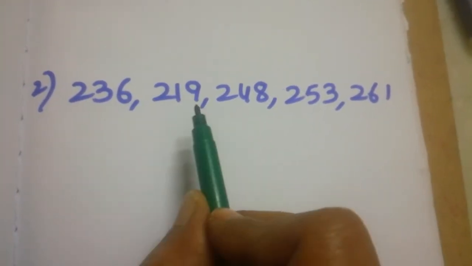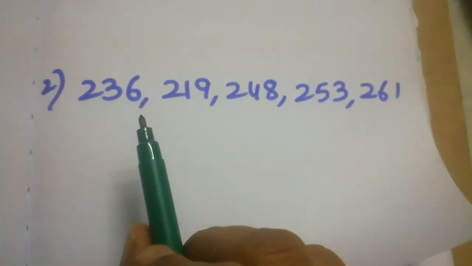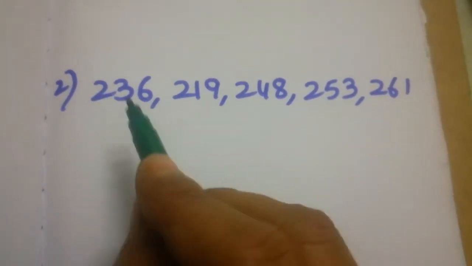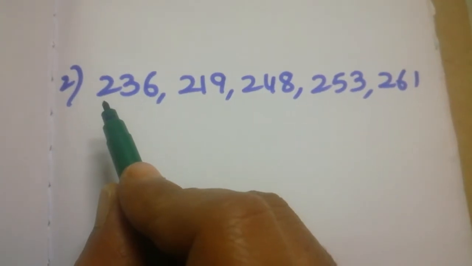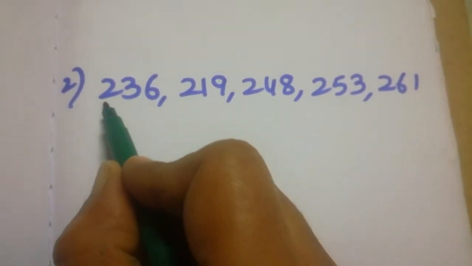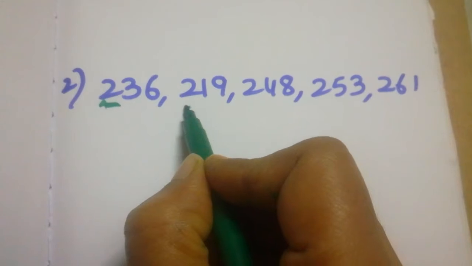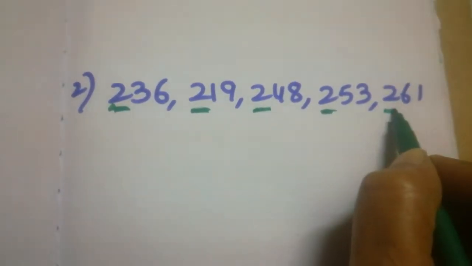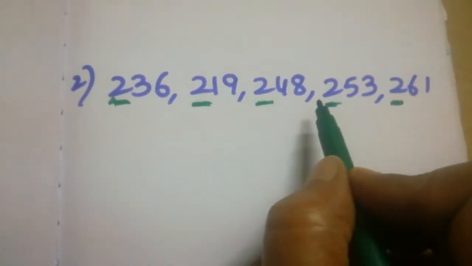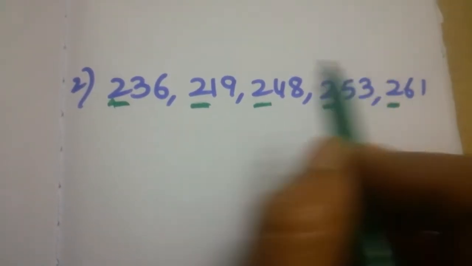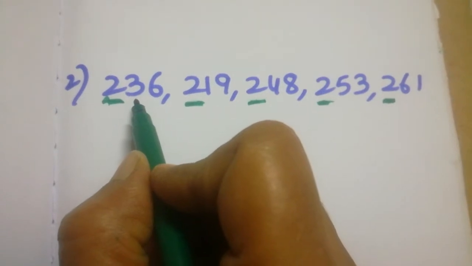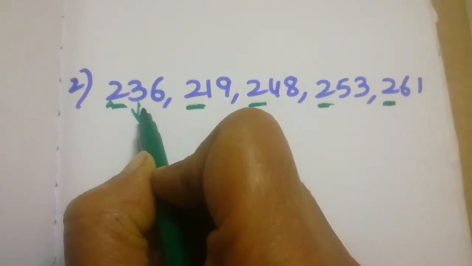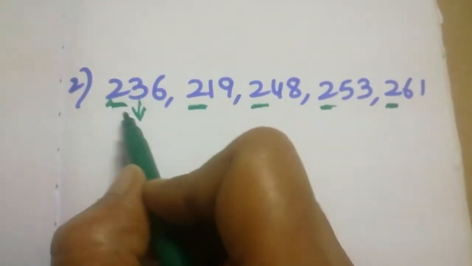If you see the numbers taken here, so before writing in the ascending order, first we have to look at the hundreds place. In the hundreds place, what are the digits we have here? We have 2, and here also we have 2, and here also we have 2. So in all the numbers we have the same digit. Then you have to compare the tens place. In the tens place, what you have here?